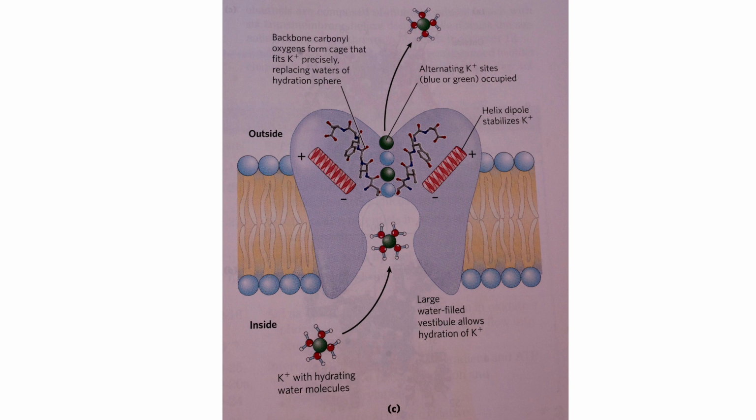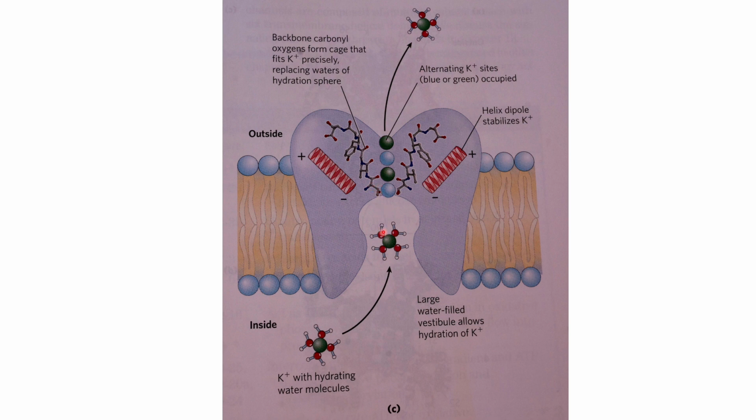What this looks like is that there's a backbone carbonyl oxygen, right here, which forms a cage, and this cage fits the potassium ion precisely, replacing the waters of the hydration sphere. So the waters are excluded here, and the potassium lines up single file. There are alternating potassium sites, occupied, blue or green, and these are stabilized by an alpha helix, which stabilizes potassium.